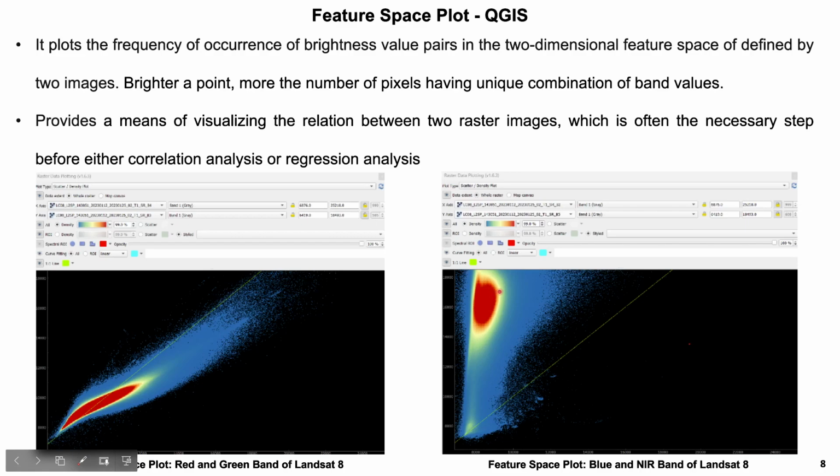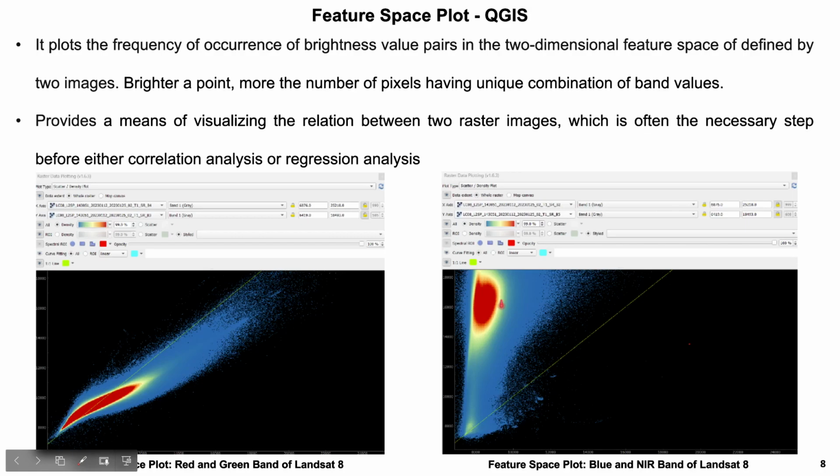I will just give you a hint. You can relate this feature space plot with the spectral signature. Entire band is mapped with the red channel.